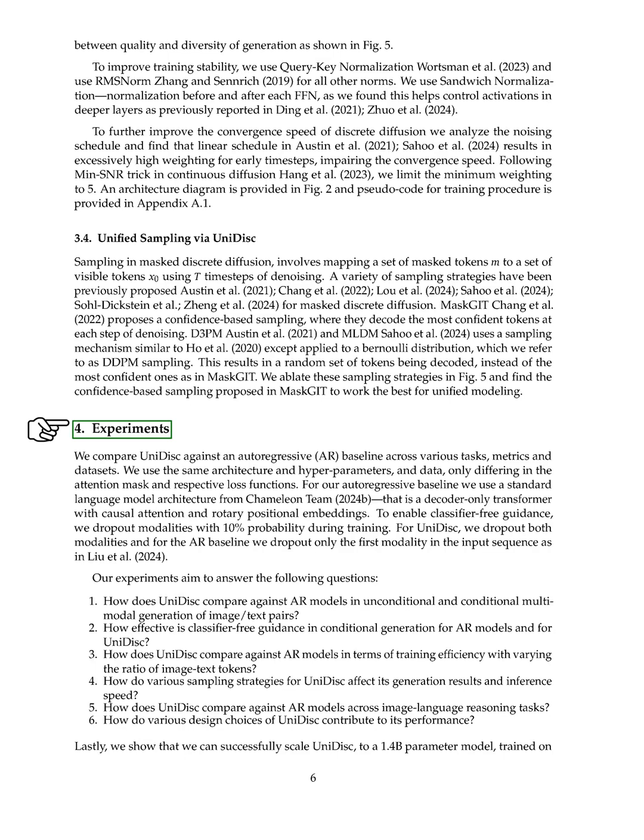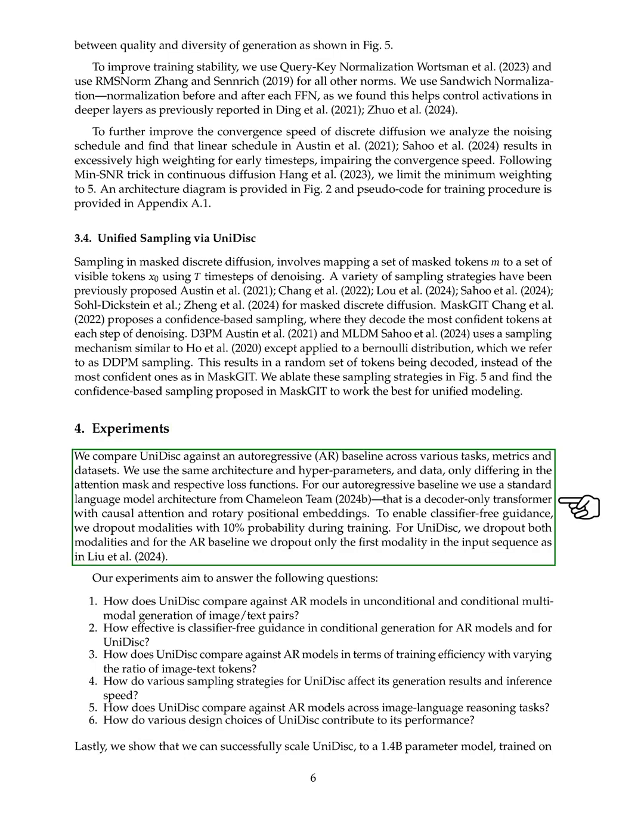Section: Experiments. In this section, we compare UniDisc with an autoregressive, AR, baseline across different tasks, metrics, and datasets. We maintain the same architecture, hyperparameters, and data, differing only in the attention mask and loss functions.